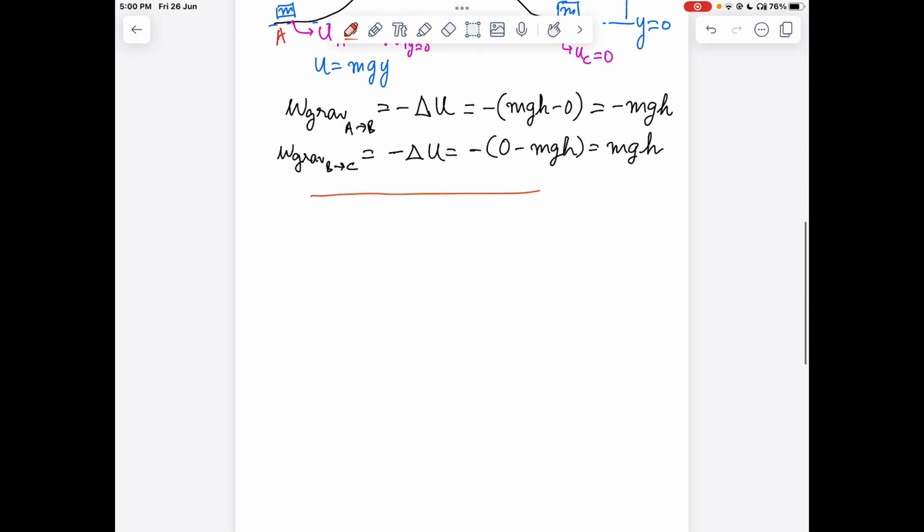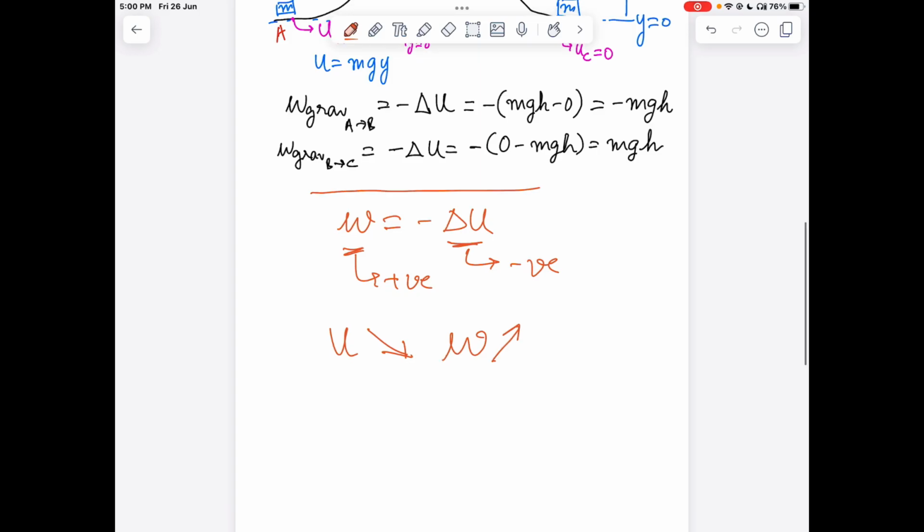Now, from the potential energy function relationship between work and delta U, it's very clear that if this quantity delta U is negative, then work done is positive, right? So what that means is that if U reduces in value, work done is positive.